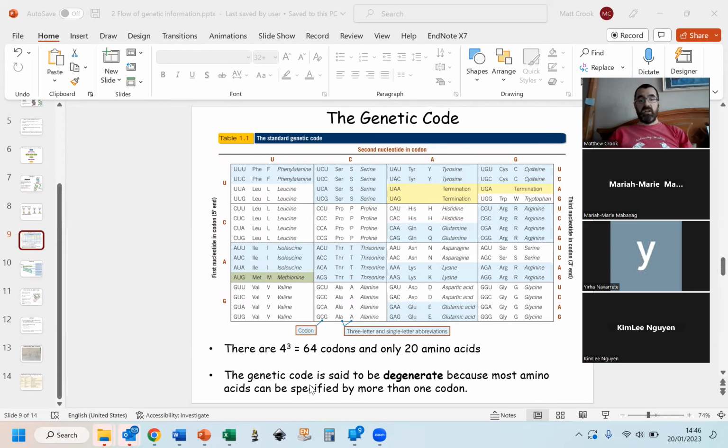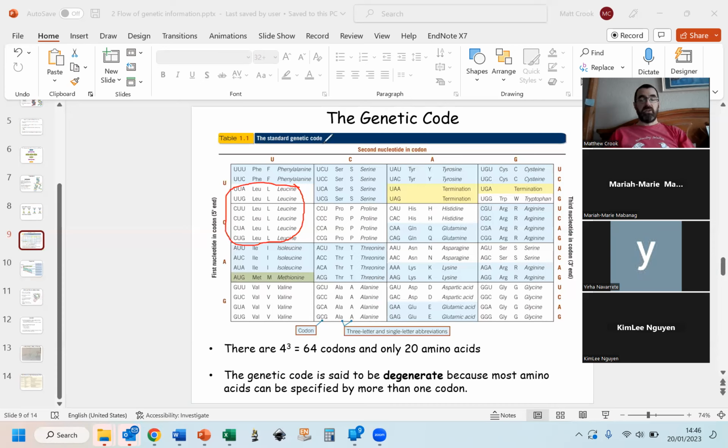And the genetic code is called degenerate because typically more than one word says the same thing. So, for example, there are 6 different ways of saying the word Lucy in terms of translation. Each one of these codons can code for Lucy.